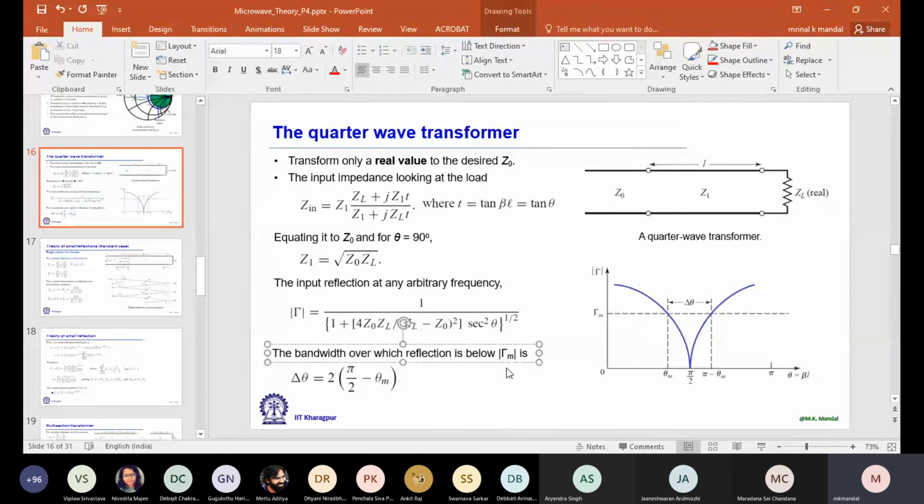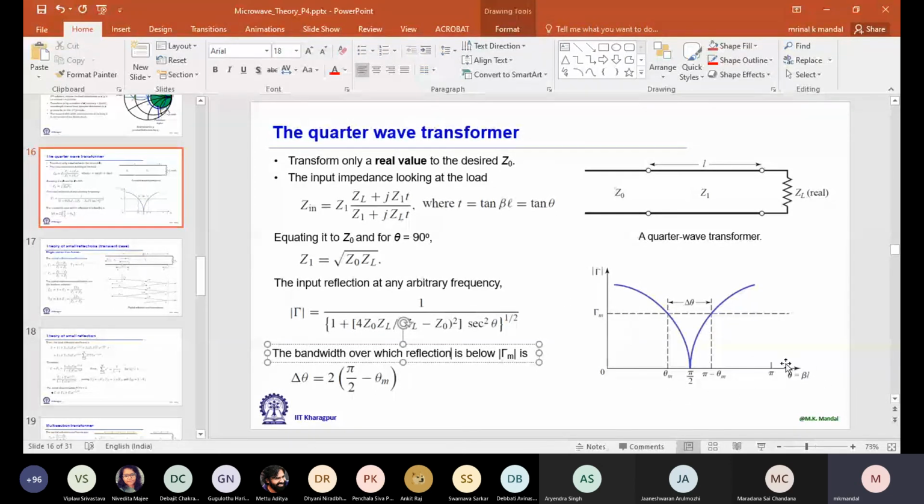Then for a bandwidth, which is defined as the range where the reflection is less than magnitude of gamma m, that is the given value. So if I say it should be less than 5%, then magnitude of gamma m becomes 0.05. Then the corresponding delta theta, so instead of gamma versus frequency, we are using the theta domain.